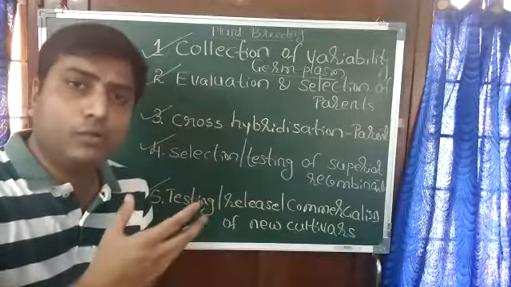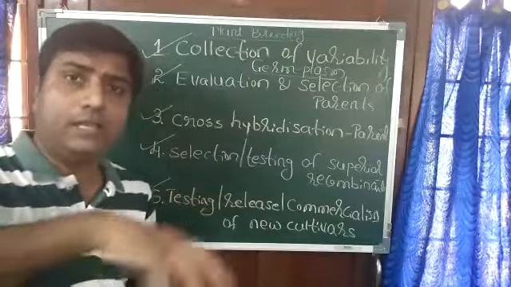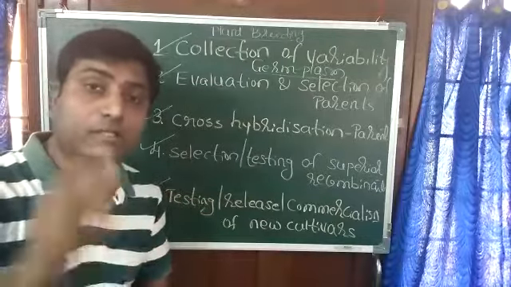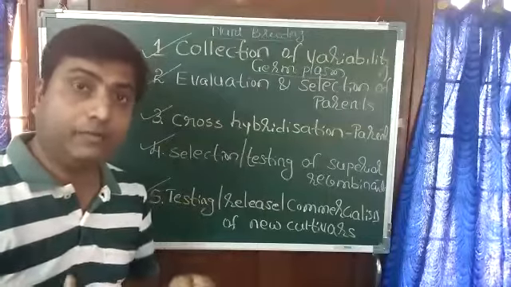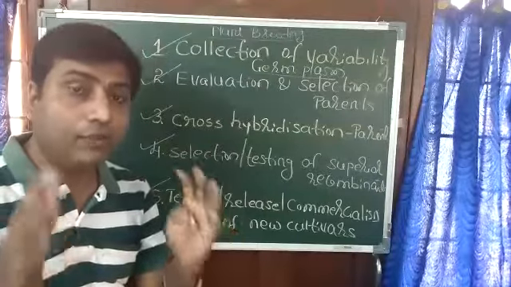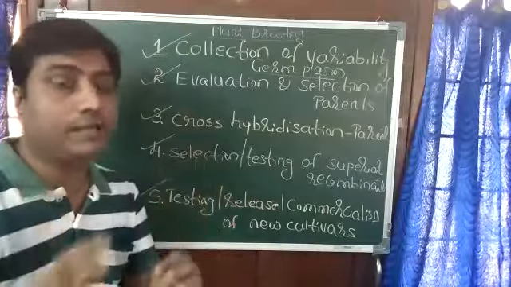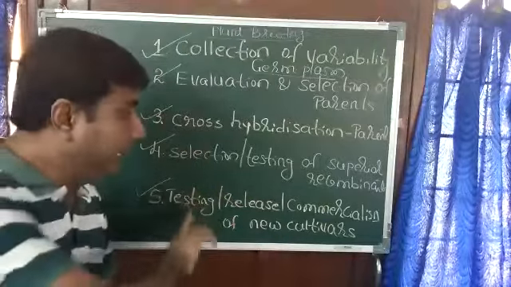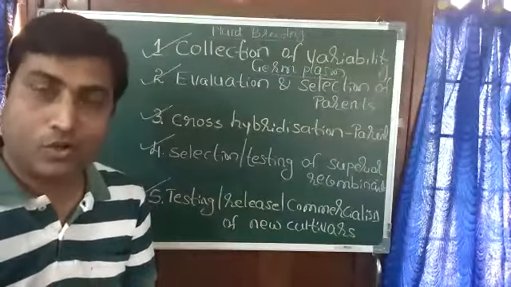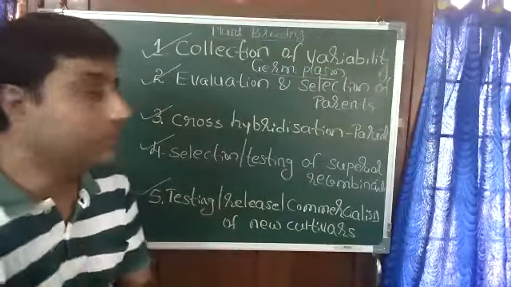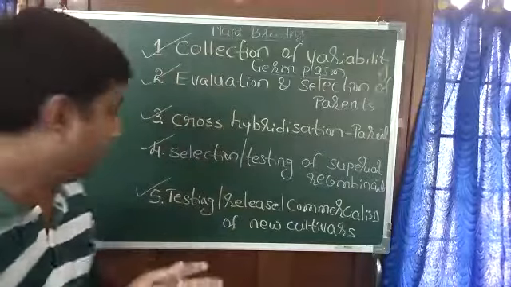We carry out this testing for at least 3 growing seasons. Once we are very sure of that growing pattern, then we commercialize it, we give it to the farmers. That is the final step in the breeding program.